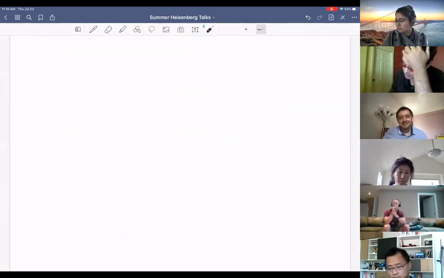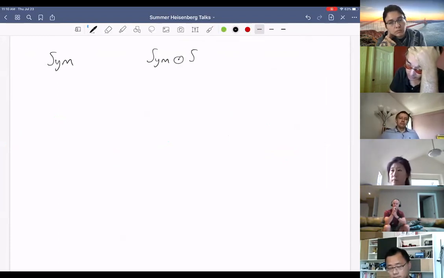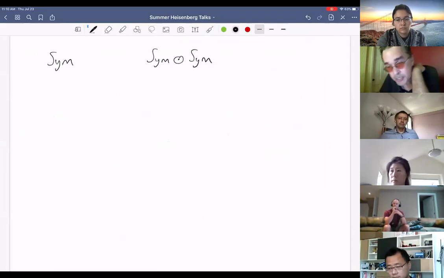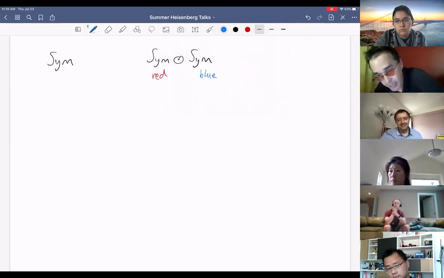Maybe I can say just a little bit. If you're just looking at Sym, you can take this symmetric product of two copies of Sym. We call this the red copy and the other one the blue copy. You just take the union of the generators and relations, and then you add some more crossings which let red and blue commute with each other.